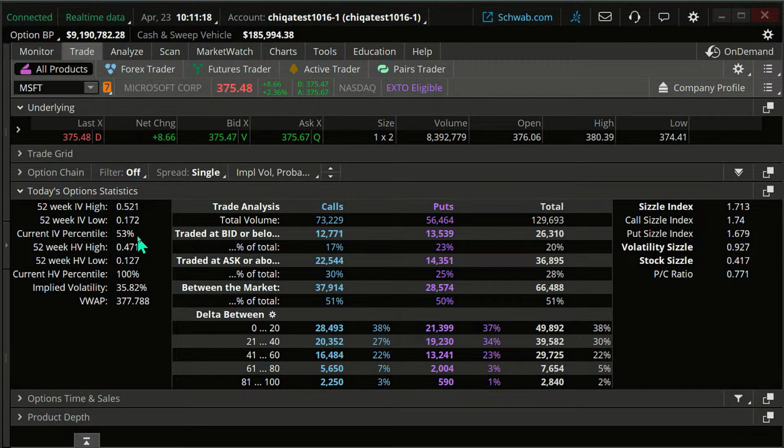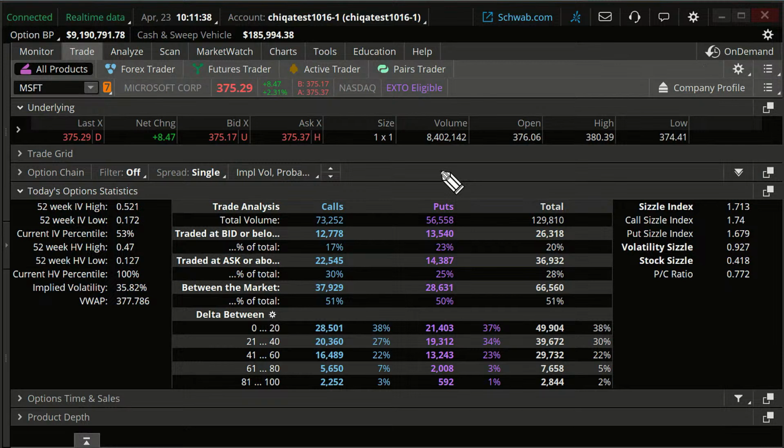What this measures is the percentage of time over the last 52 weeks that implied volatilities have been below the current level.